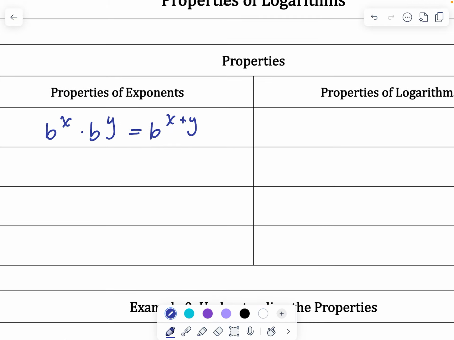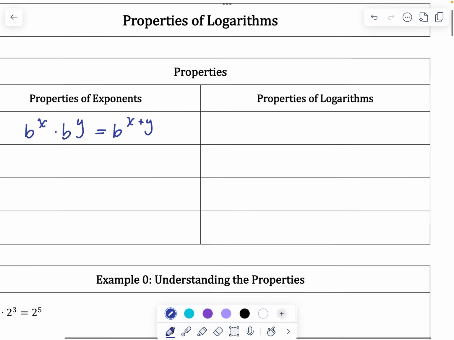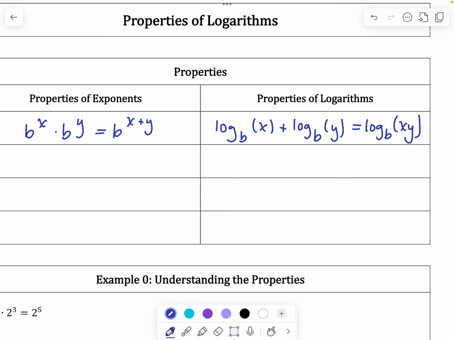If we reverse that around, or rather invert that, we would have log base b, any base, of x plus log base b of y is going to equal log base b of x times y.